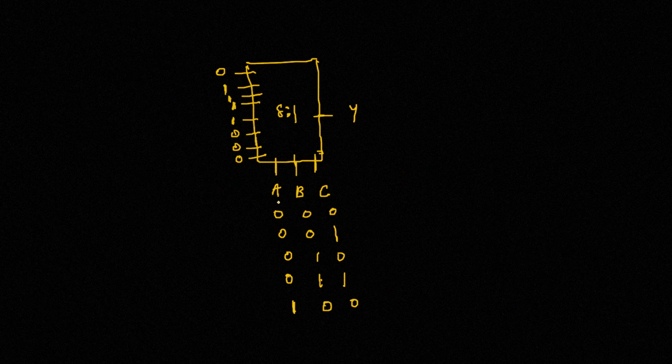And we took all three as select lines in the 8 cross 1 and just zeros and ones in the input lines. For 4 variables, the 8 cross 1 will have 3 select lines and the fourth variable as input. And in 4 cross 1, we'll have 2 select lines, and C and D will be passed through some external gates and then fed as input to the 4 cross 1 mux. Let's take an example.